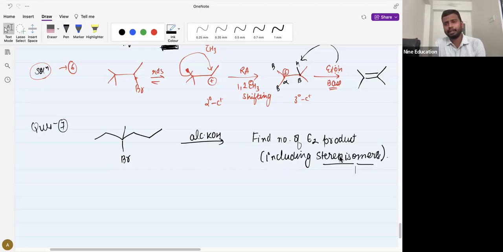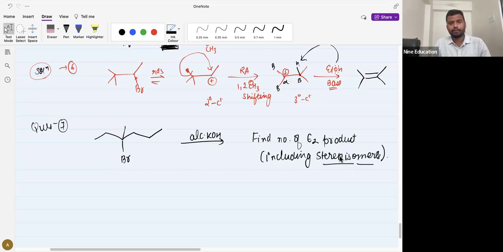And it can have E, it can be Z, or if there is a possibility of chiral carbon, it can have R or S. So tell me number of products first and then check EZ and RS. Or 2 power N also you can do.